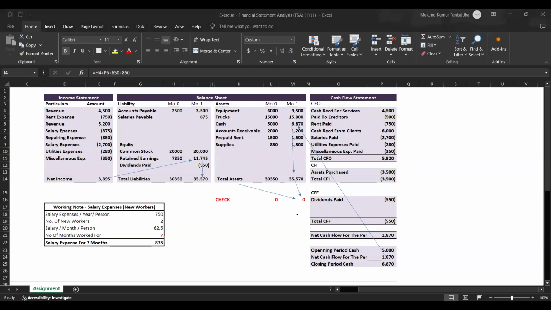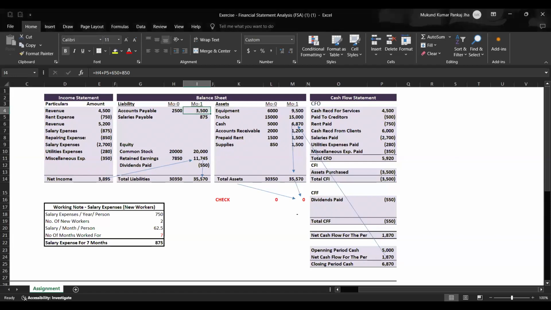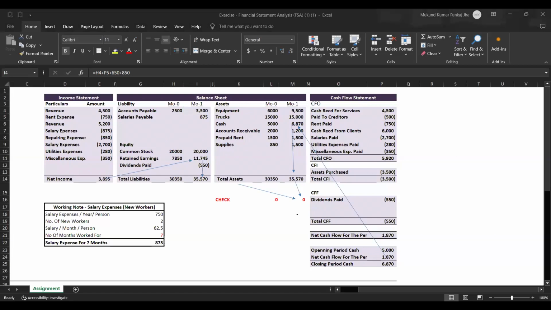Yes, for the quiz, enjoy this sheet. I have uploaded one sheet in front of you. This is the sheet where questions are given, and the template for the solution is given as well, but the solution is not given to you.